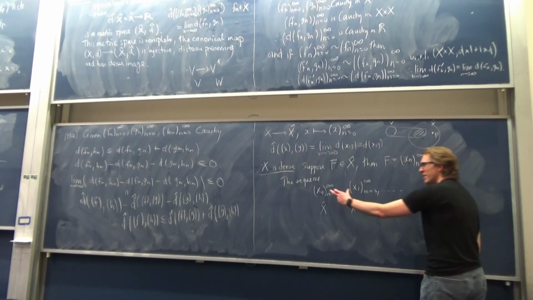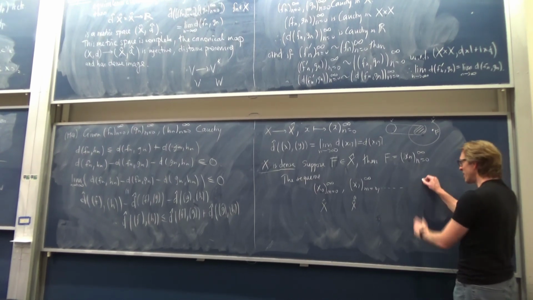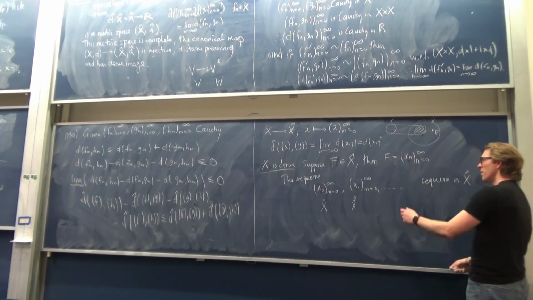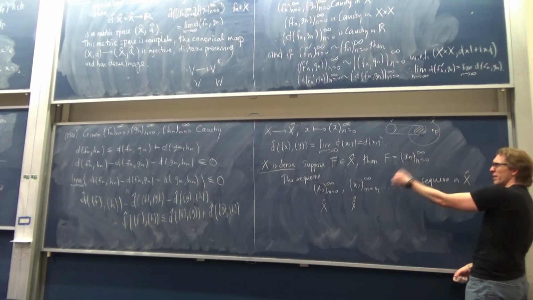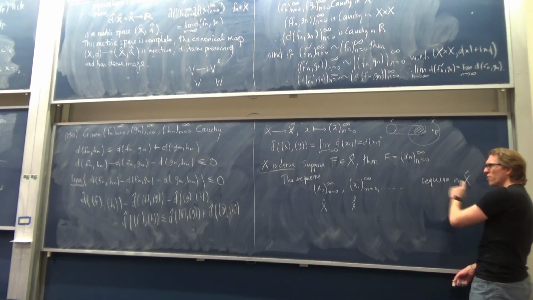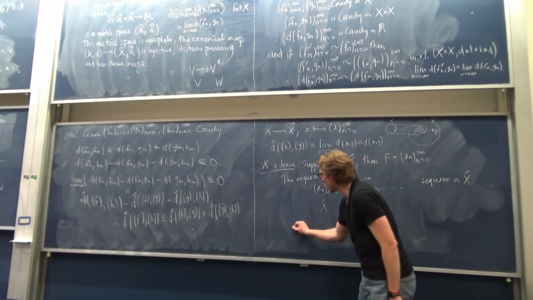So that gives me a sequence of Cauchy sequences, if you get my meaning. That's a sequence in x hat, but not just in x hat, it's in the image of x, because they're all constant sequences. So I just need to convince you that that sequence in x hat converges to f with respect to d hat.